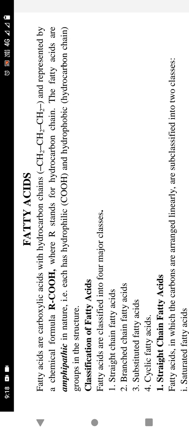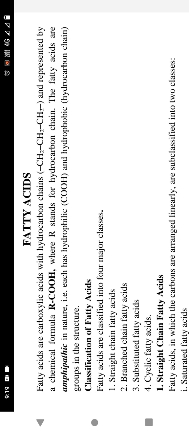R stands for the hydrocarbon chain, which means many carbon-hydrogen compounds or functional groups present there. Fatty acids are amphipathic in nature. Amphipathic means both hydrophilic and hydrophobic nature exist in that one chemical.